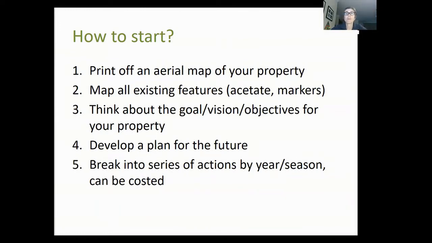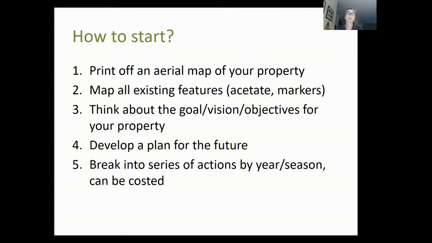And typically what they do is on the first layer, they'll say, mark up all your existing assets. So that will be things like your fences and your yards and your reticulation system for your troughs and all of that. And then they might give you another sheet and say, okay, if you're thinking about redoing some fencing, let's map what we think that we'd like, and that becomes a bit of your future plan.